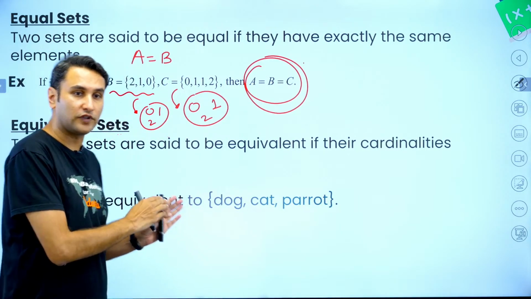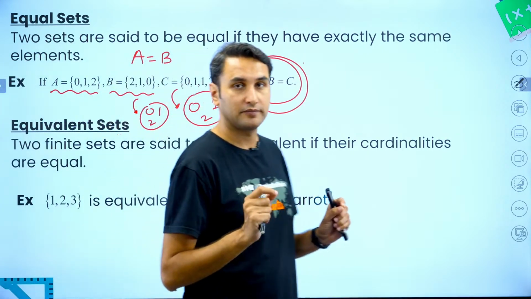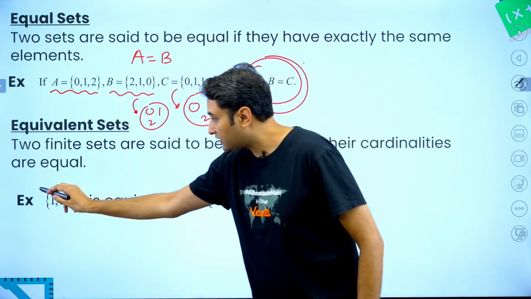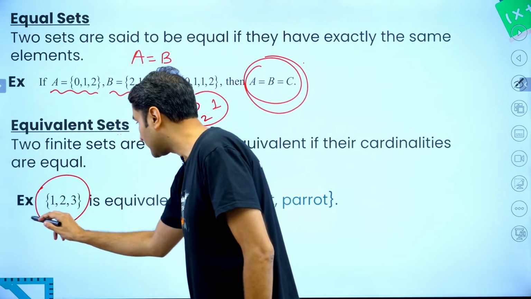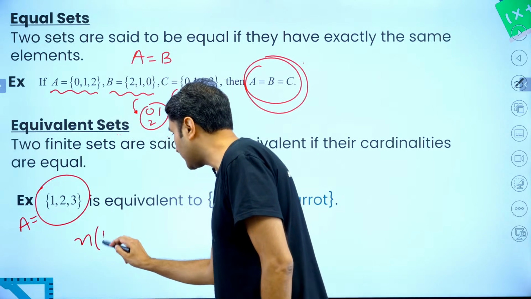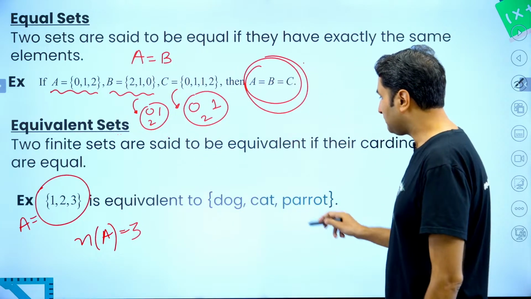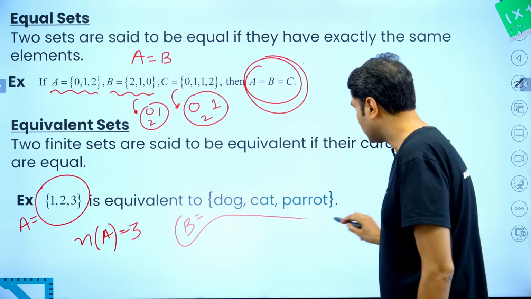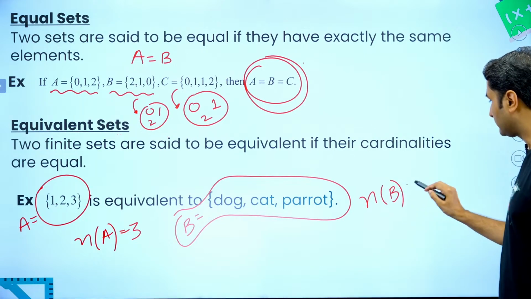Now equivalent sets. It does not matter if the elements are the same or not, but what matters in the case of equivalent sets is that the number of elements should be the same. That's it. For example, a set containing 1, 2, 3, say this is the set A. So the number of elements in the set A is 3. Dog, cat, parrot, say this is the set B. The number of elements in the set B is also 3.